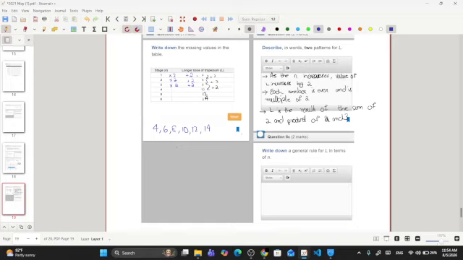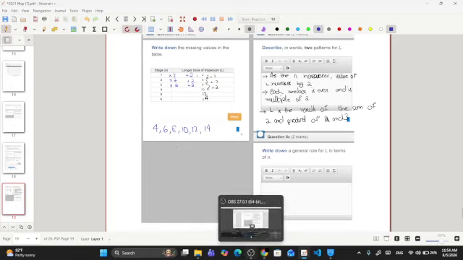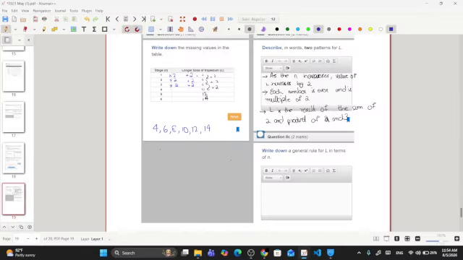So what sort of a pattern do we have in our case? We can say that since it's a linear pattern, the equation should be a plus n minus 1 multiplied by d. The first term is 4, and the common difference is going to be an addition of positive 2.